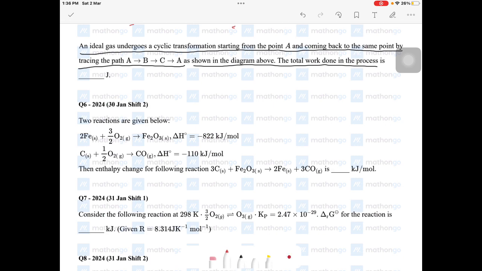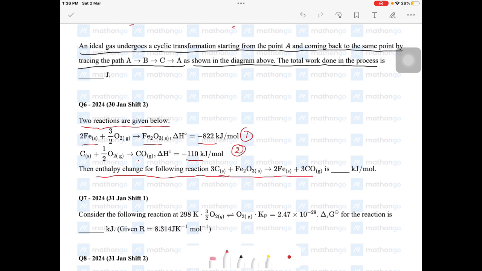Next question, two reactions are given below. 2Fe plus 3 by 2 O2 gives rise to Fe2O3, enthalpy change minus 822 kilojoules. Consider it is equation 1. Next, C plus half O2 gives CO, enthalpy change minus 110, equation 2. The enthalpy change for the reaction is asked.